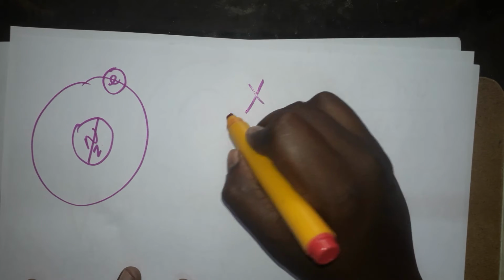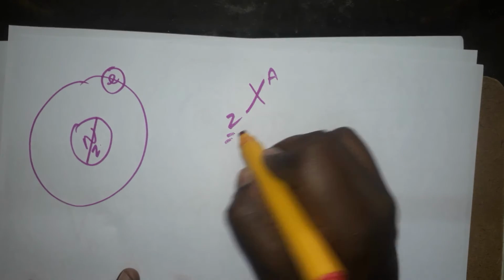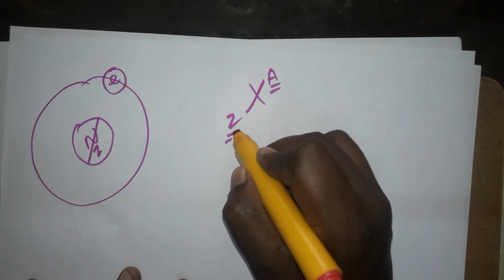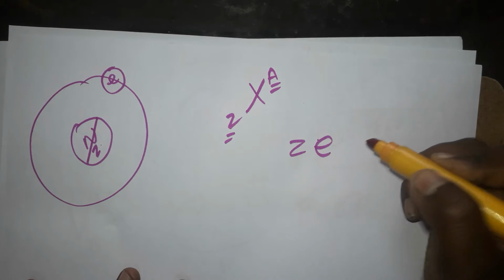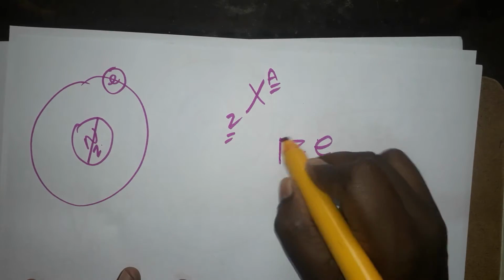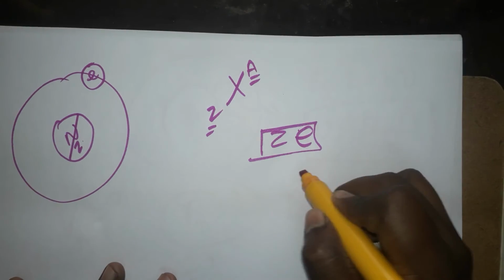In the nucleus, a number of protons will be there, so Z times e, where Z is the atomic number and A the mass number. The charge of a proton is equal in magnitude to that of the electron, so the nucleus has charge Ze and the electron has charge e.